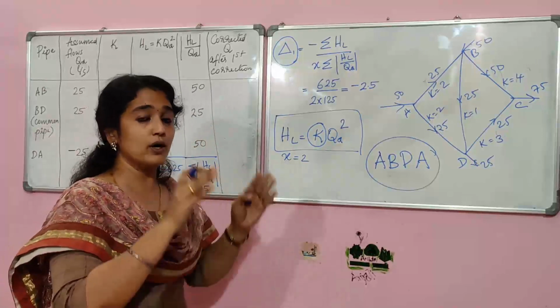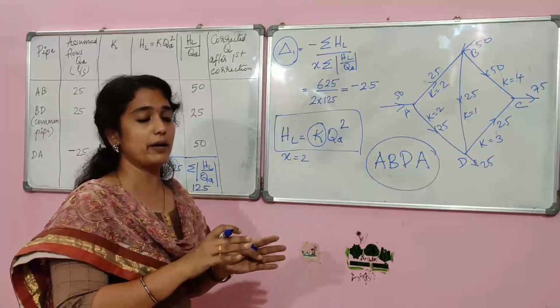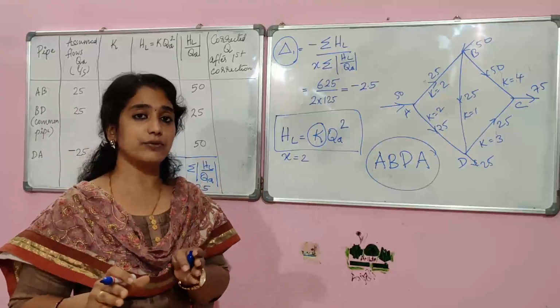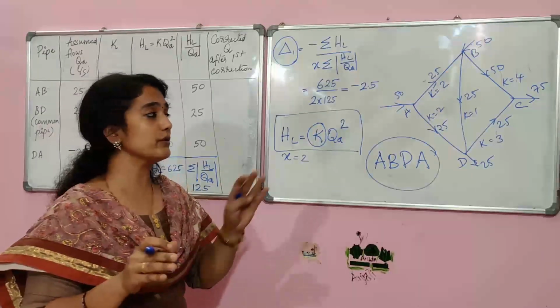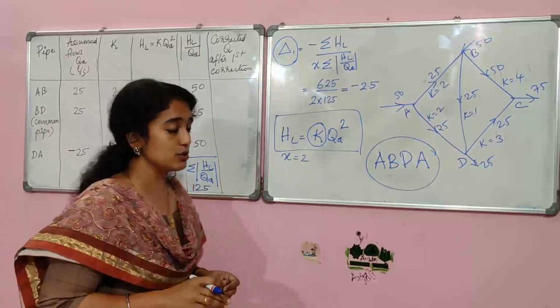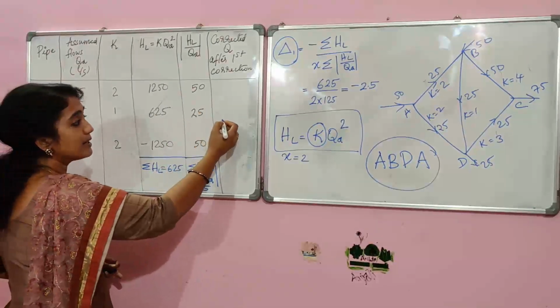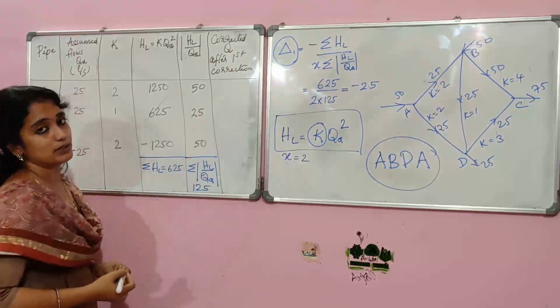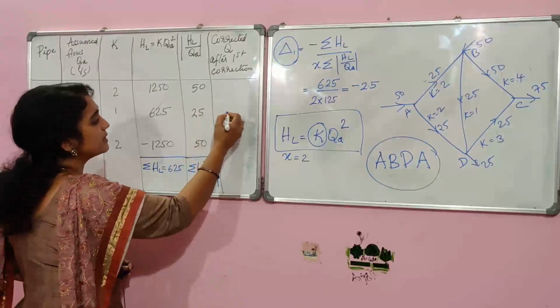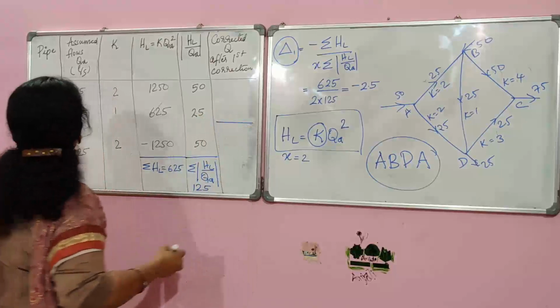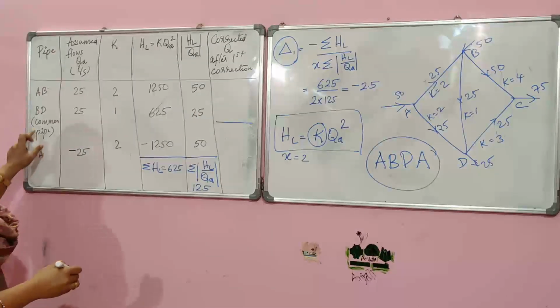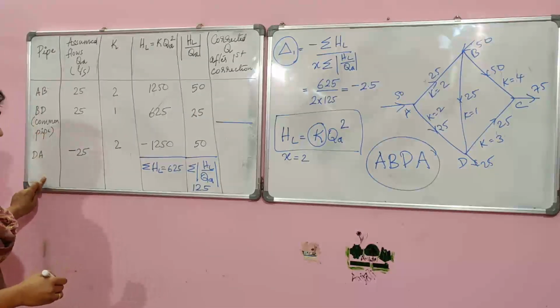Correction for loop 1 should be given to that pipeline and the correction for the second loop also given to that pipeline. So you have to calculate the corrected flow after the second loop calculation. Then only you get the value of the pipe BD.